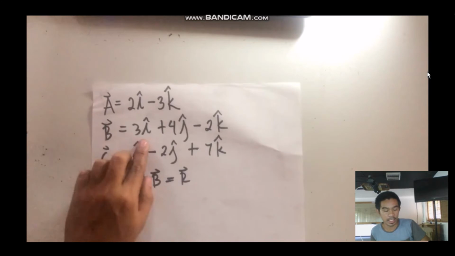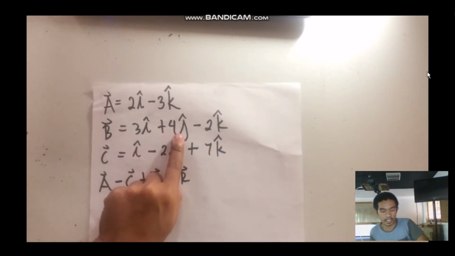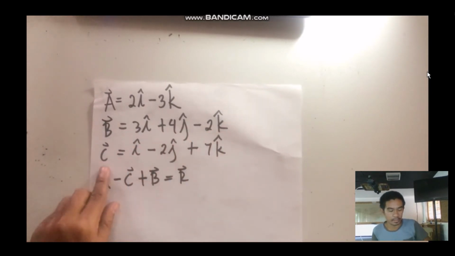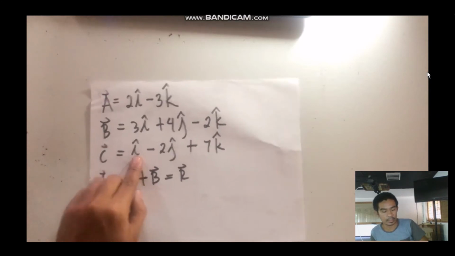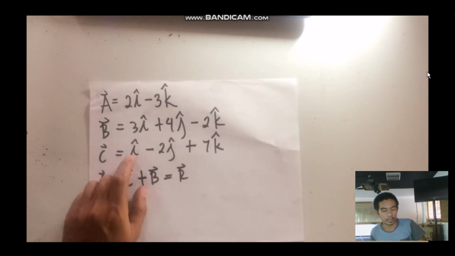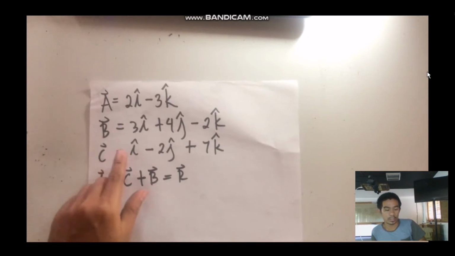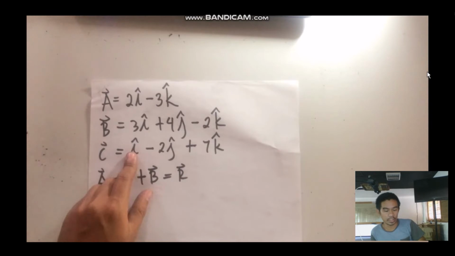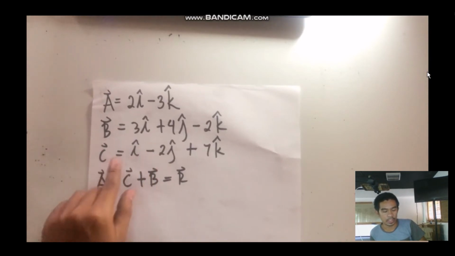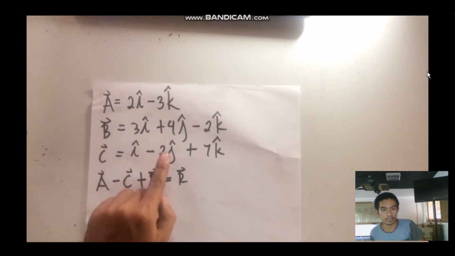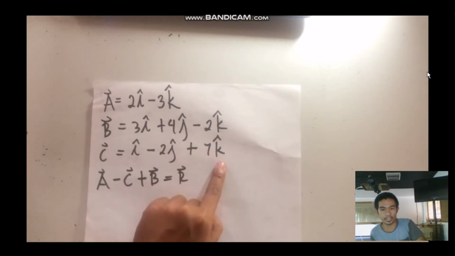Vector B is 3i hat plus 4j hat minus 2k hat. Vector C has an x component of 1 unit, so vector C equals i hat minus 2j hat plus 7k hat.